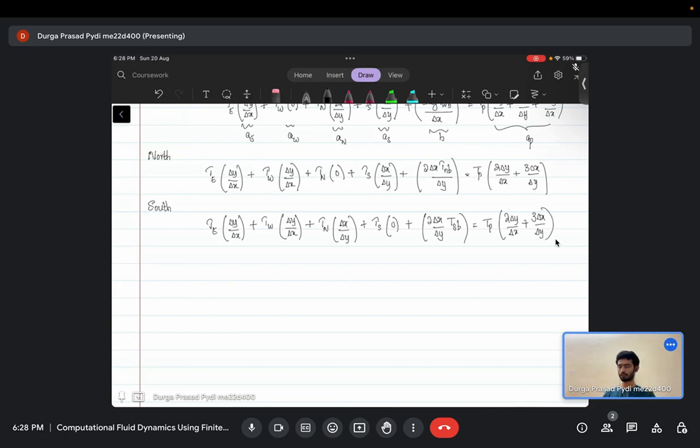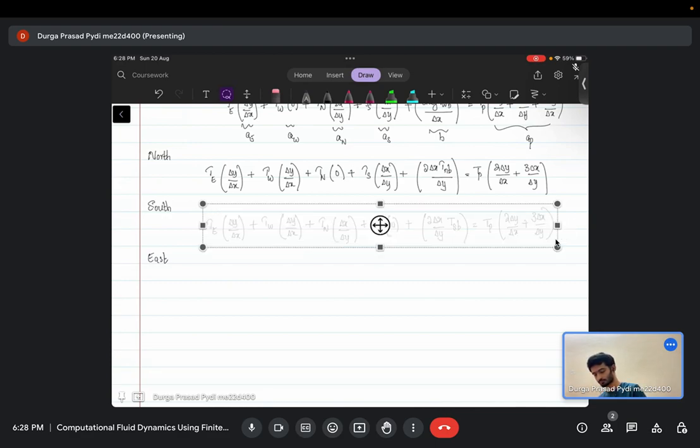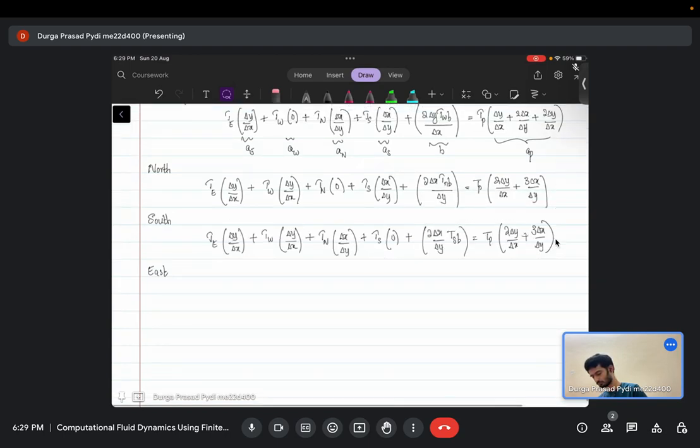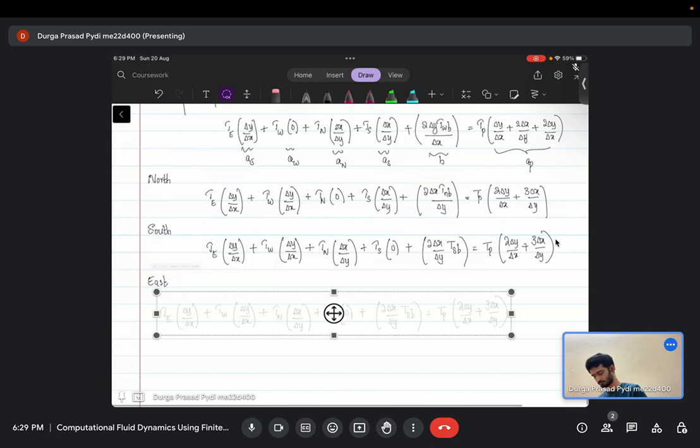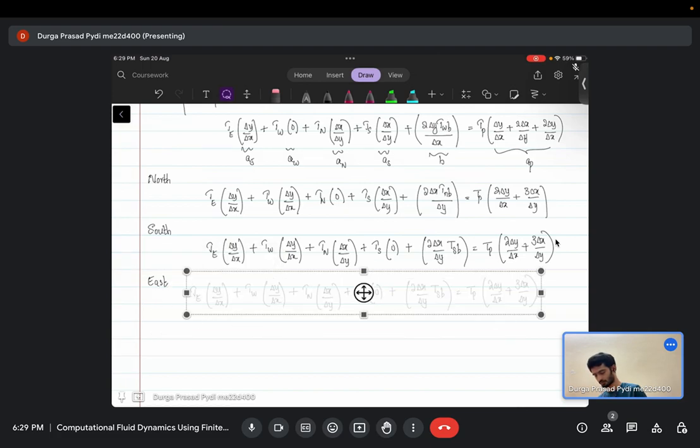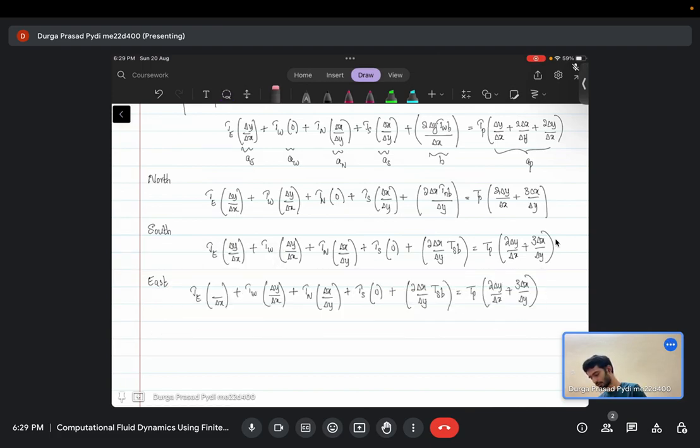Now similarly you can write the equation on the east face as well. So for the east boundary, since it is on the east boundary, you shouldn't have any coefficient for the east.